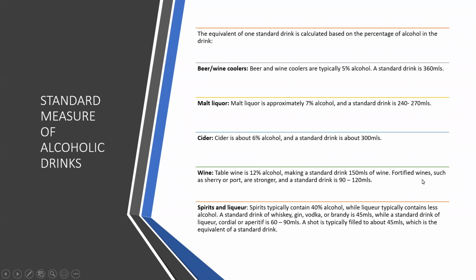And then fortified wines, such as sherry or port, are a bit stronger. Its standard drink is 90 to 120 mils, those are 3 or 4 tots, considered a standard drink per day. The spirits and liquors the patient uses, the spirits typically contain 40% alcohol.